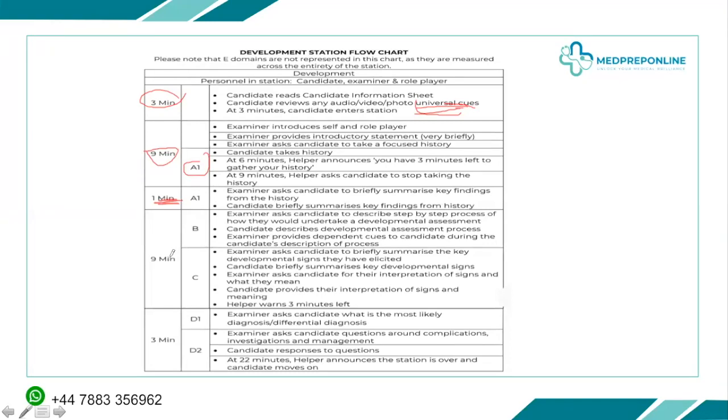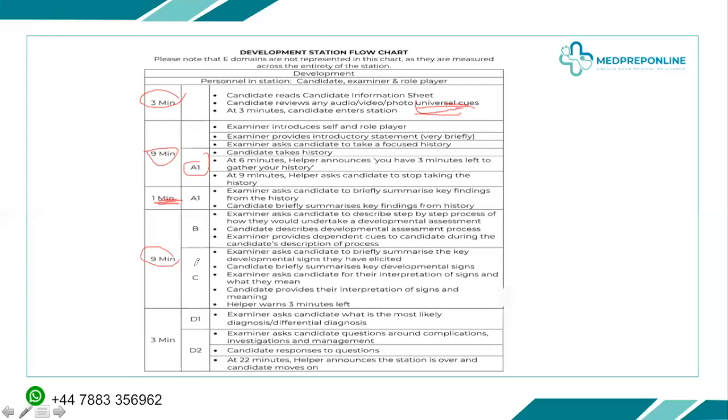Now come the 9 minutes in which you are going to do domains B and C. In B, you are doing the step-by-step process of how to take the developmental assessment. The examiner is going to provide you the cues.